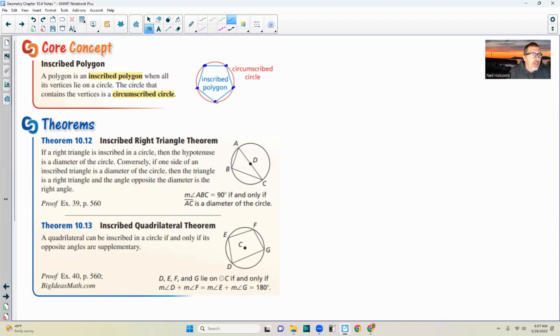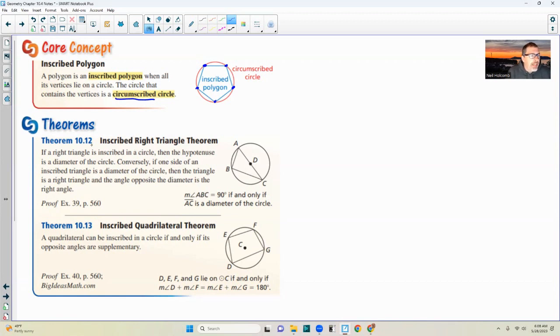So when all of the vertices lie on the circle, then the polygon is inscribed. The circle that contains the vertices is a circumscribed circle. So when there's something inside this circle like this, then you say the circle circumscribes the polygon. So it's another word, circumscribed.